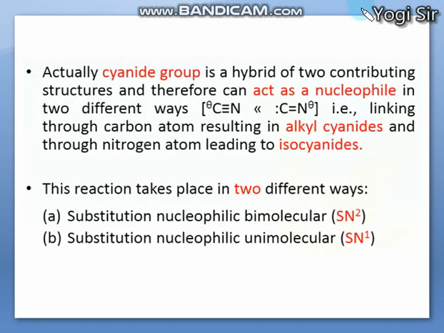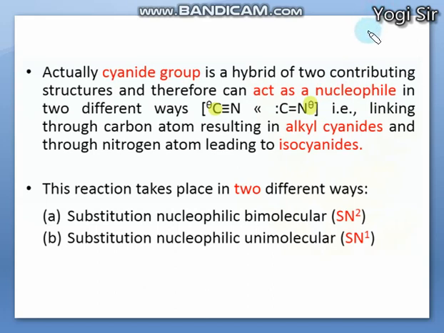We also know that cyanide has a dual property. It can act as an ambidentate nucleophile, which means that this carbon can be negatively charged when it is generated from compounds like sodium cyanide and potassium cyanide, and sometimes this nitrogen can be negatively charged when it is released from a compound like silver cyanide.